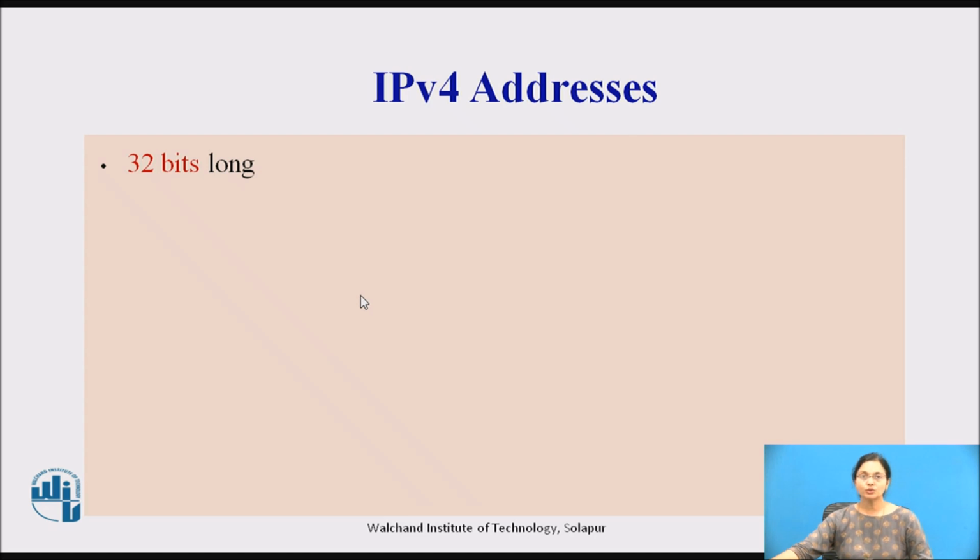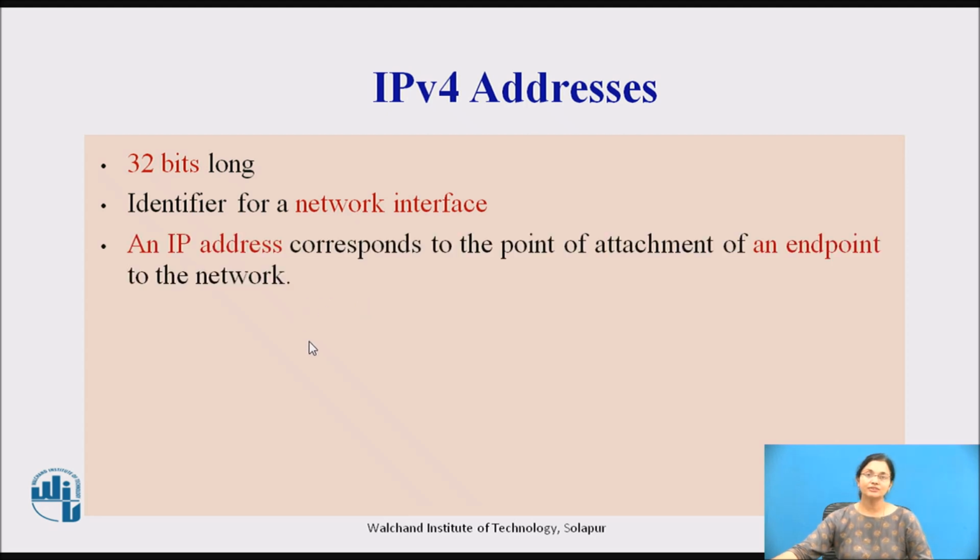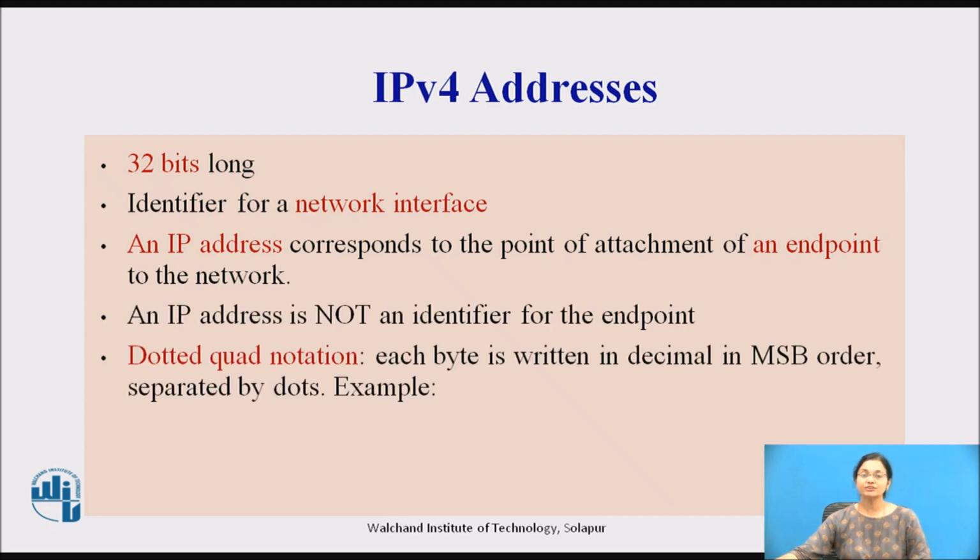IPv4 has 32 bits, in binary 1-0 format, and it is an identifier for a network interface. An IP address corresponds to the point of attachment to an endpoint. It is not an identifier for the endpoint, it is just to reach there.